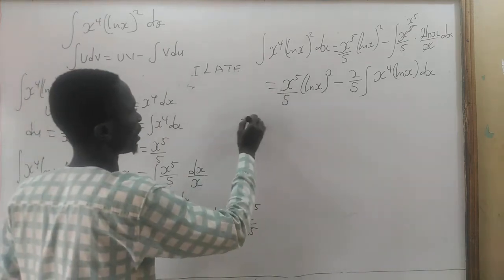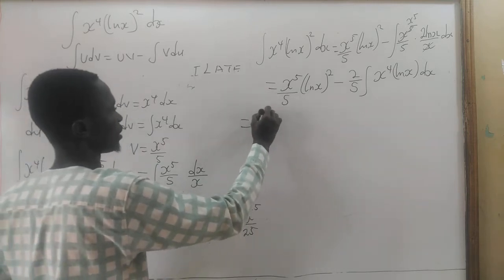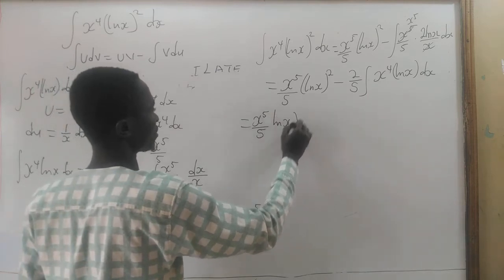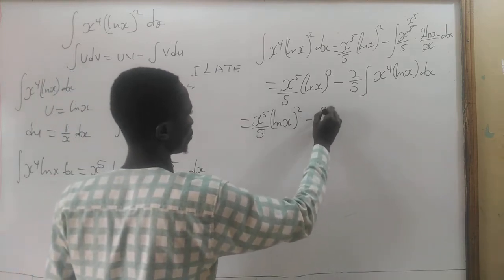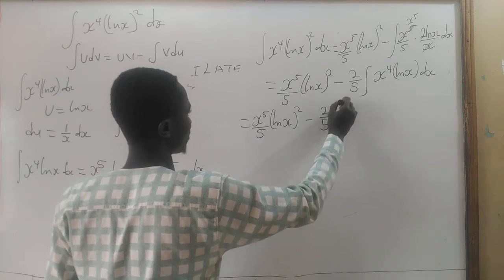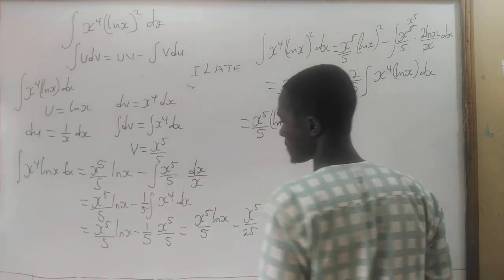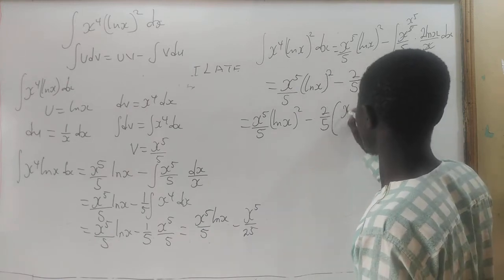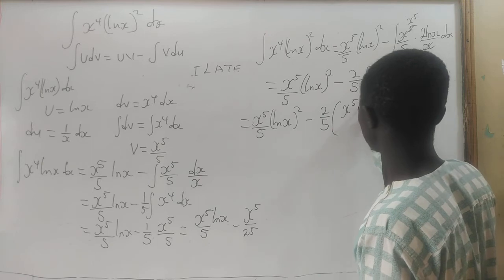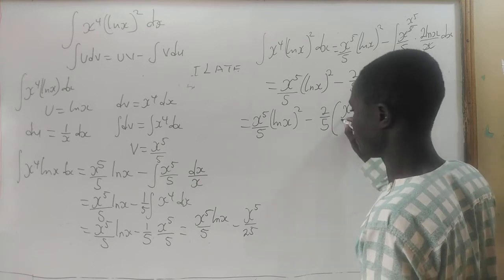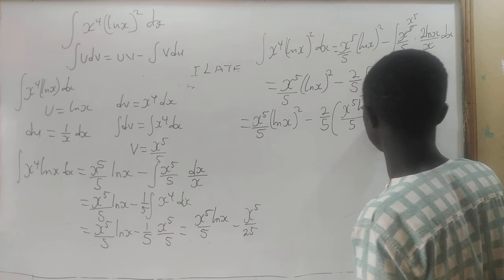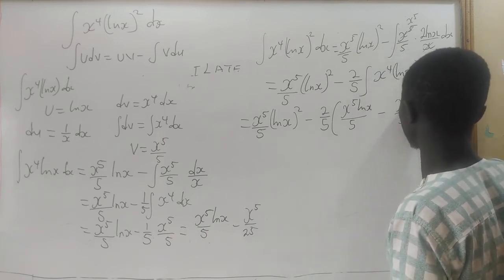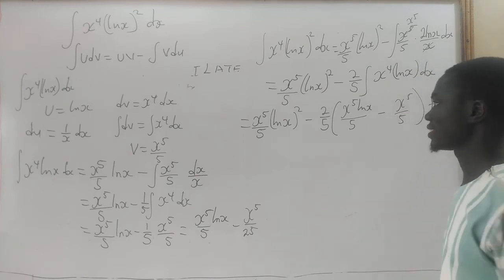So now we are going to have this as x to the power 5 divided by 5 times natural log of x, squared minus 2 over 5 times x to the power 5 times natural log of x divided by 5 minus x to the power 5 divided by 5 plus the integral constant c.